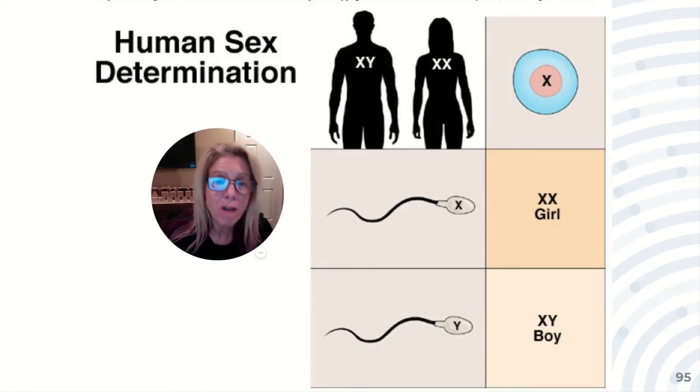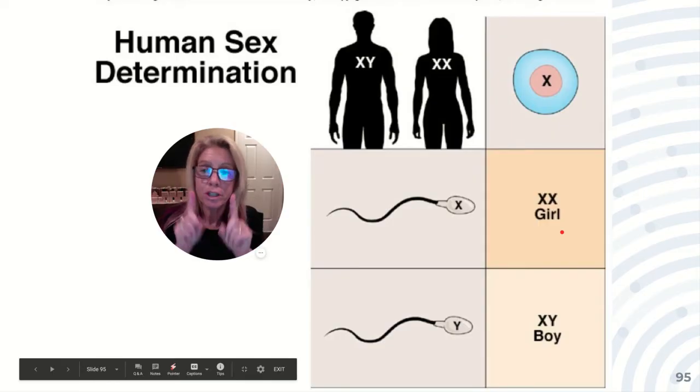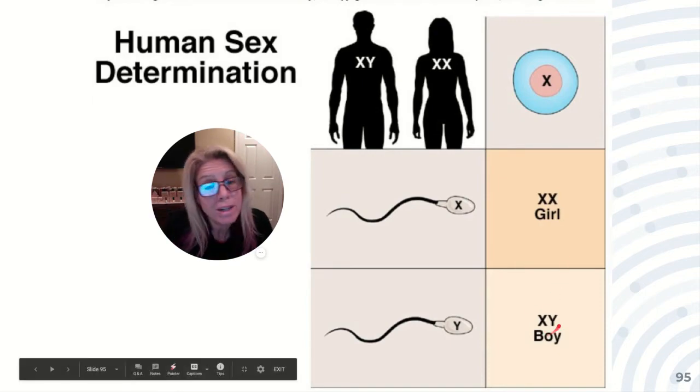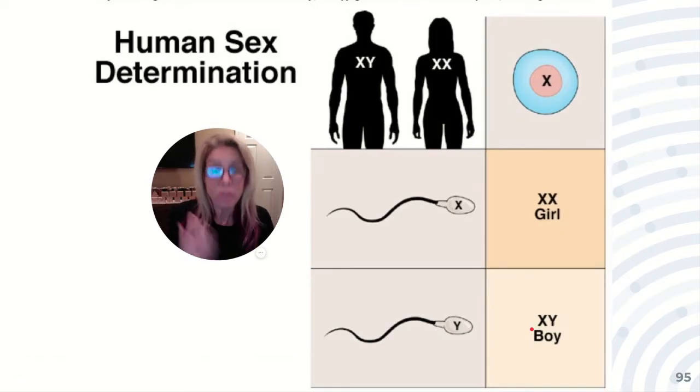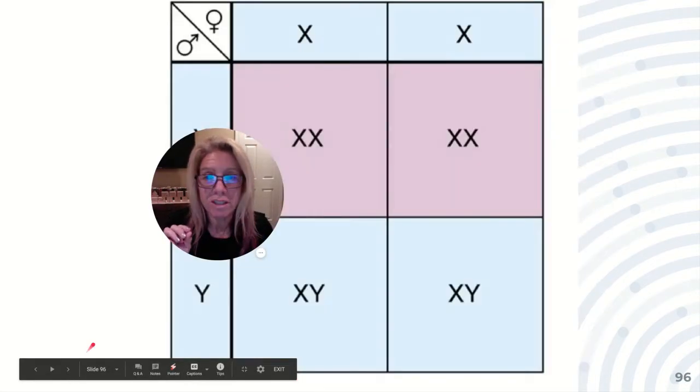The law of dominance says that you have to have 2 recessive alleles to get a recessive trait. Not so for men, not so for boys, because they only have 1 copy of their X allele. And it doesn't matter if it's recessive, you're going to get that trait because that's the only allele that you have. So first, let's talk about sex determination and that gene as well.